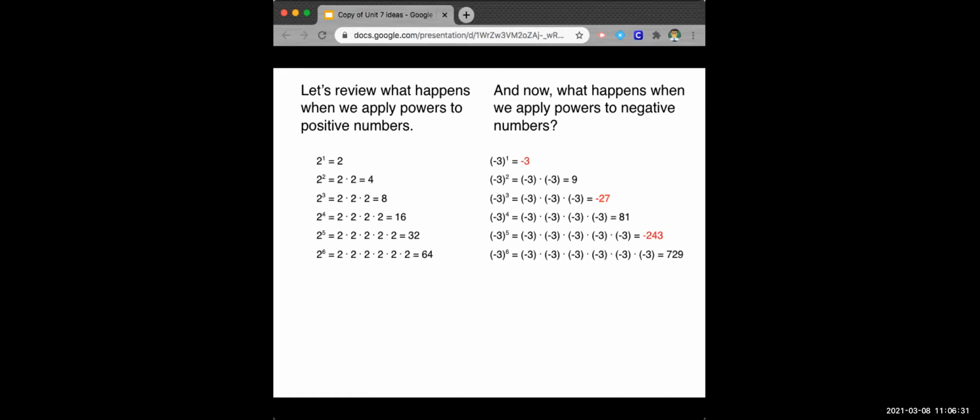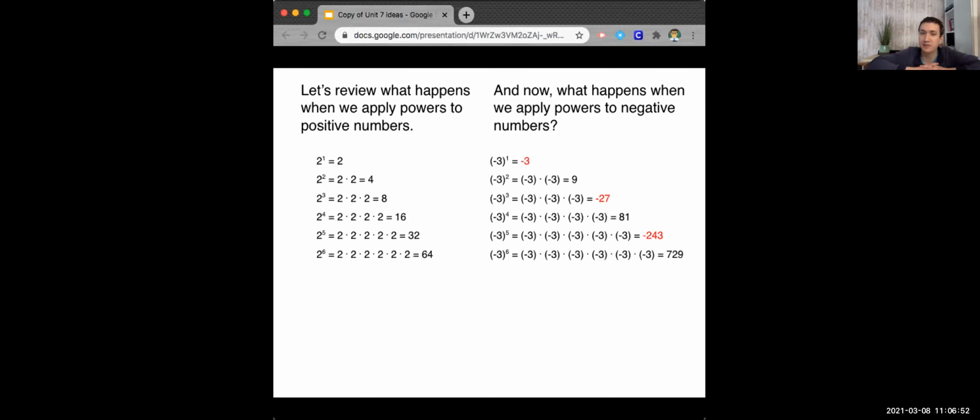But if the situation is the same except the power is an even number, then the answer would be a positive number. That's the same pattern I saw as well, and you can see it there in the colors.